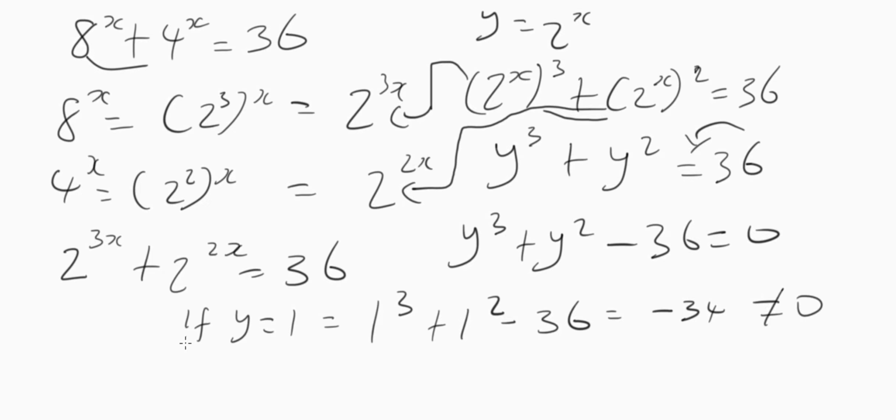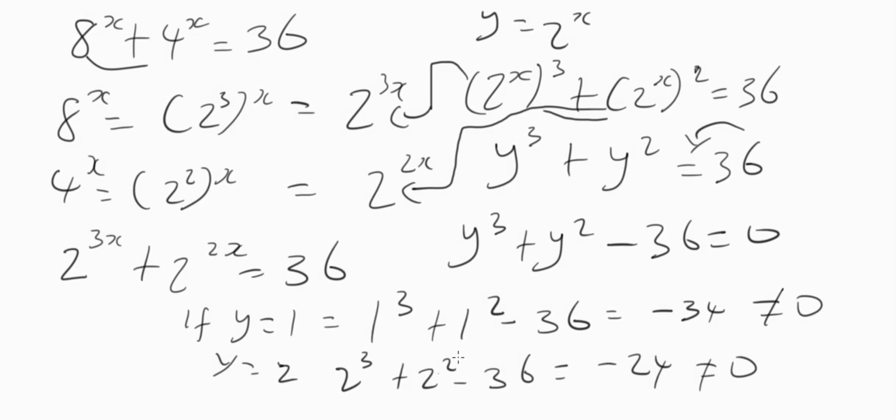Whereas when y is 2, this will give us 2 cubed plus 2 squared minus 36, which will equate to minus 24, not equal to 0. It will not work. What of when y is 3? So this will give us 3 cubed plus 3 squared minus 36, which will equate to what?